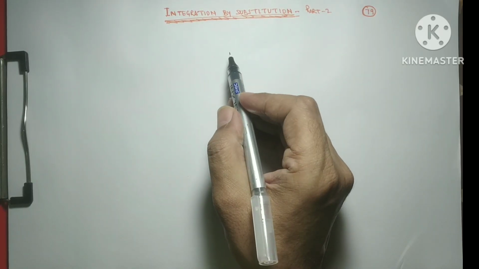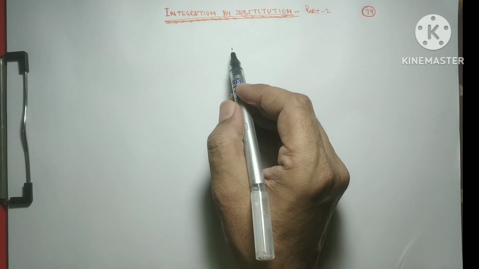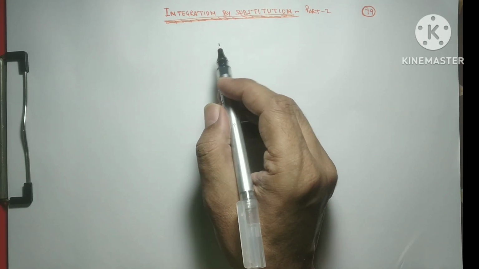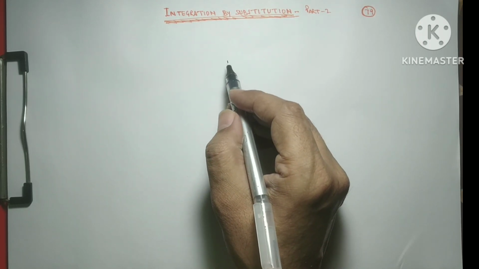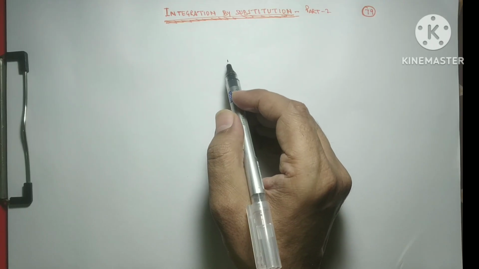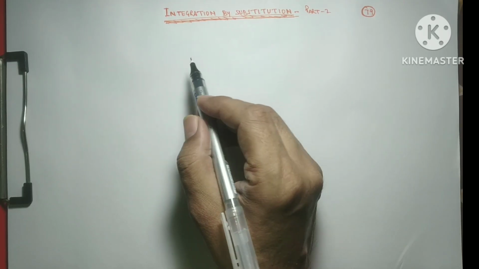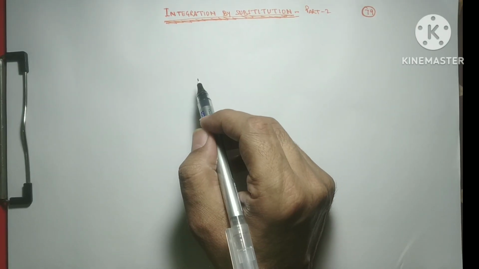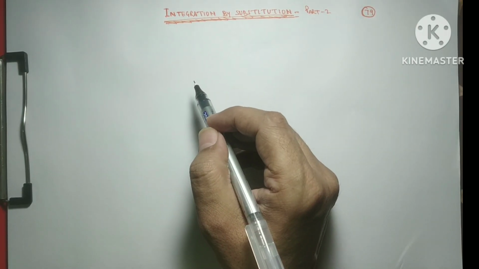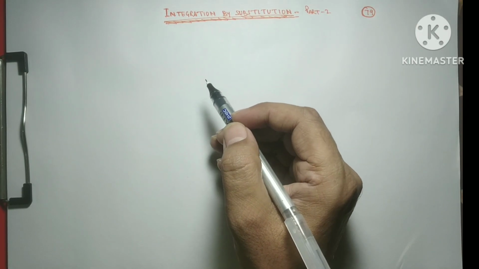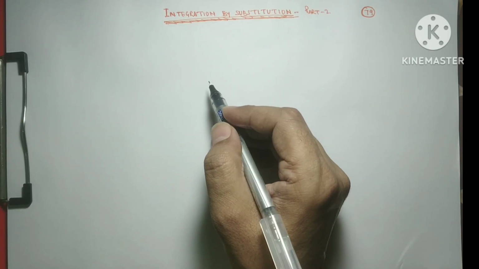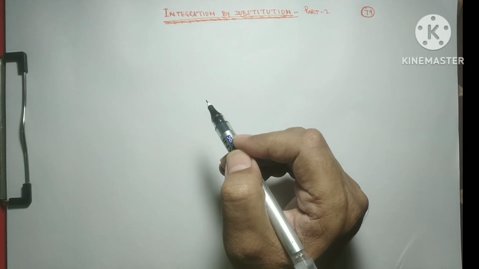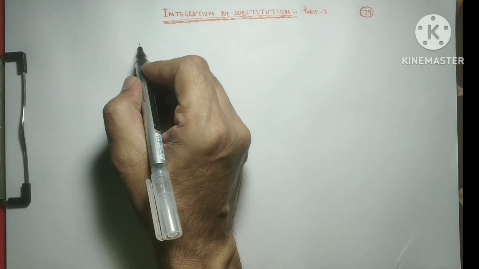So first we substitute, we assume the extra part or extra function. According to this, the function is converted into a standard function, then we integrate, and finally we put back the value of the assumed part like t. We get the answer. So we are taking the question.